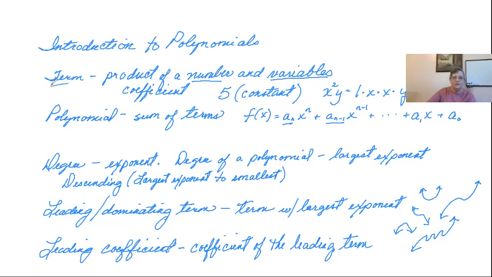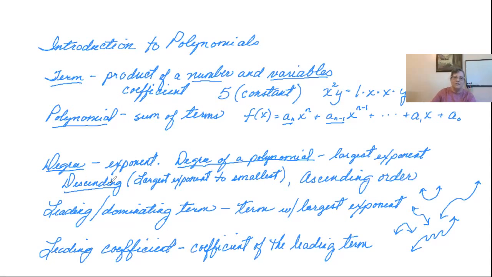So we've got term, we know what a polynomial is, we know what the degree of the polynomial is. We know what descending order is, or if it's smallest to largest, then that is called ascending order.